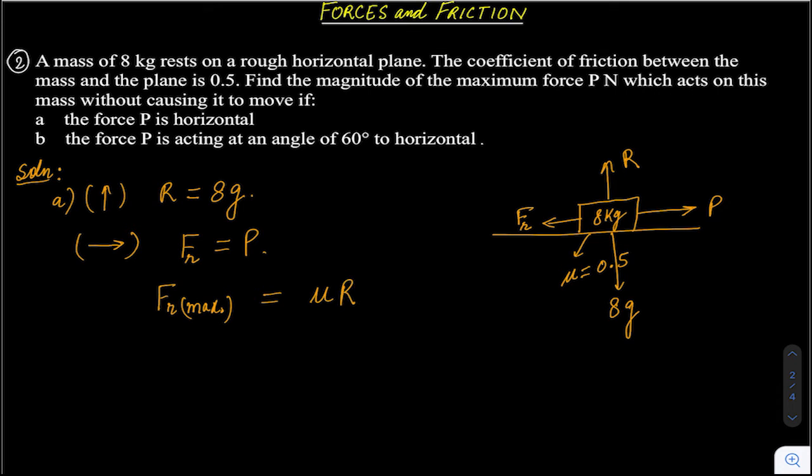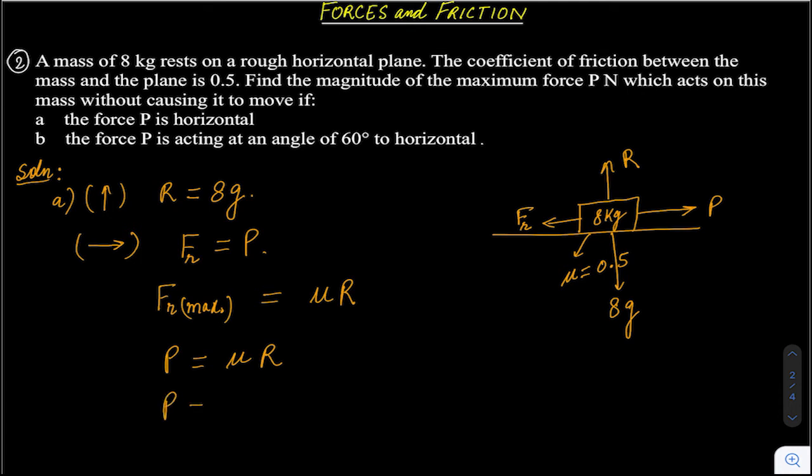In all other cases, friction is always less than this. I think you know this. If you don't, you can just remember this now. The maximum value of friction will always be mu times reaction force. So P should be equal to mu times R for P to be maximum.